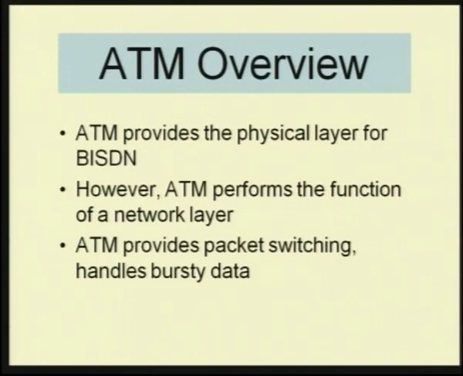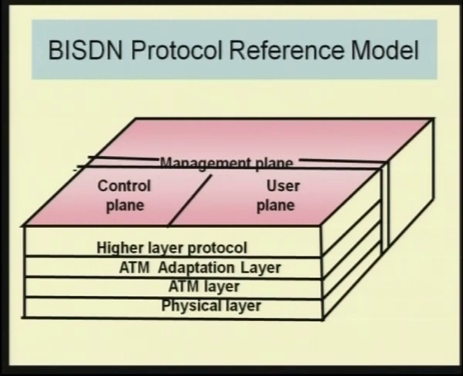So, as we said, the ATM basically provides the physical layer for BISDN. However, if you look at the function that ATM performs, it is actually doing the function of a network layer, because as we said, it provides packet switching and handles bursty data. So, if you look at the protocol reference model that is typically used on BISDN, it would go like this.